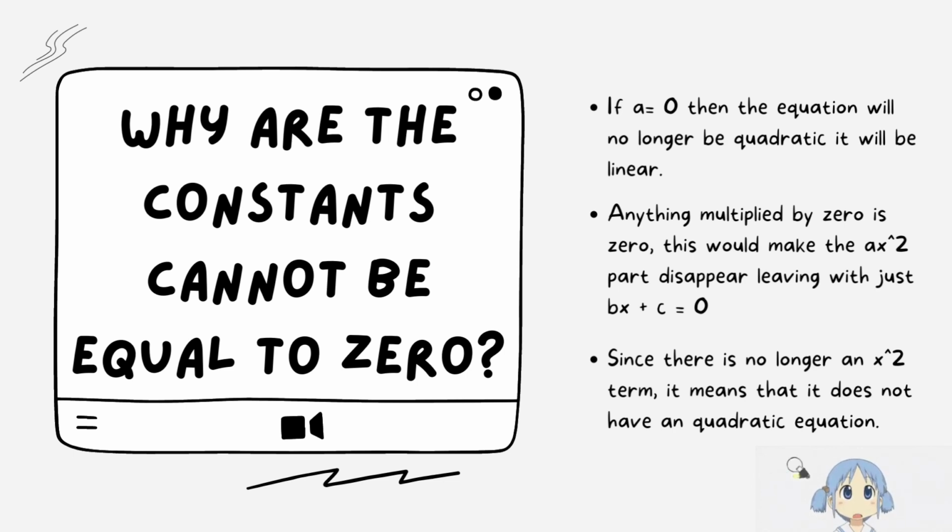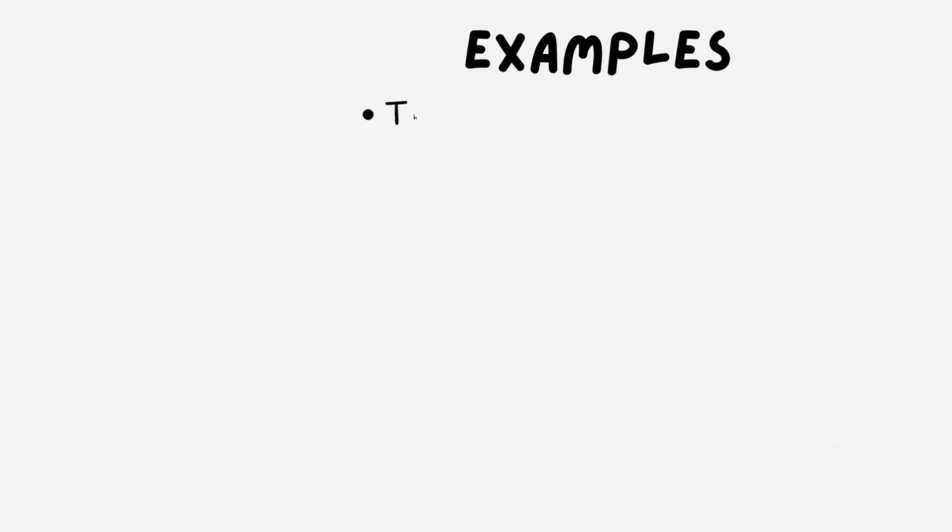This will make the ax² part disappear, leaving just bx plus c equals 0. Since there is no longer an x² term, it is not a quadratic equation, which is what we are going to learn today.